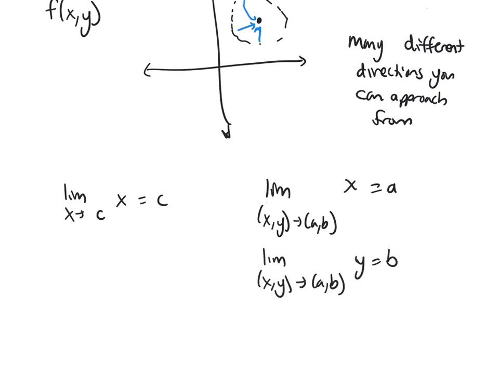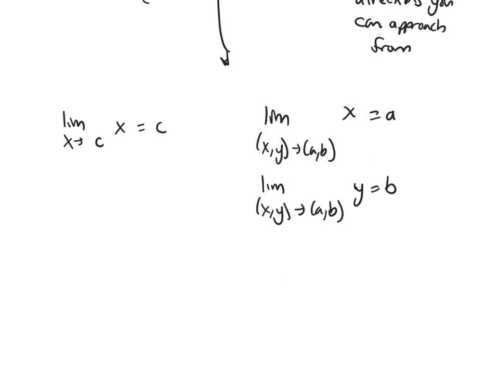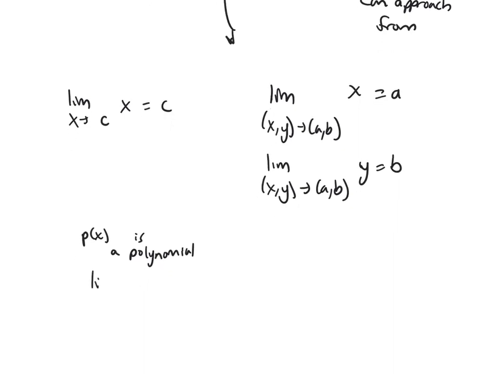And then for polynomials, remember, if p of x is a polynomial, functions are continuous everywhere. And so if I take the limit as x goes to c of p of x, it's p of c.